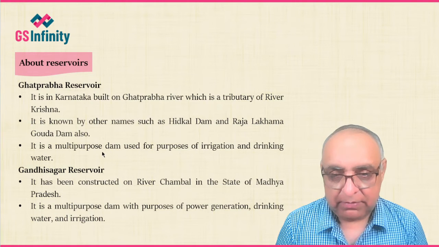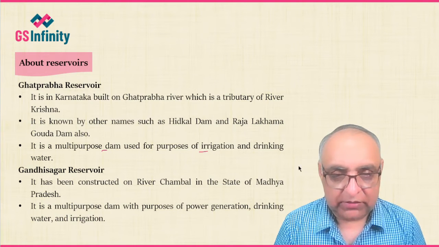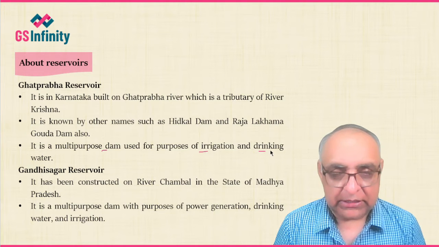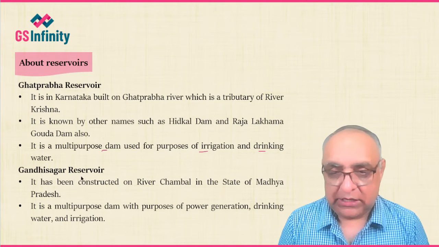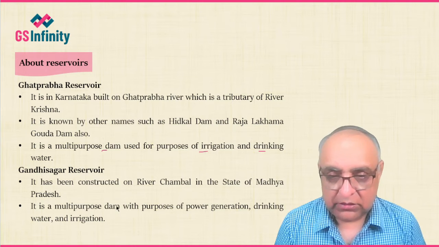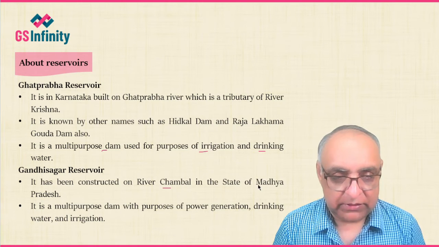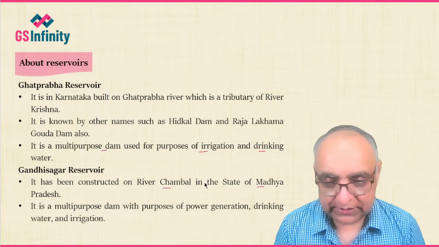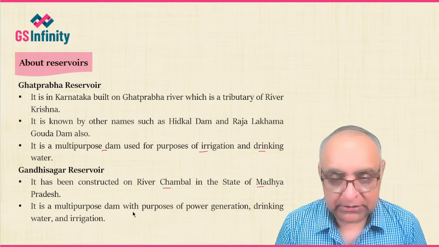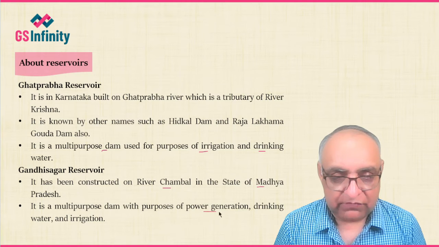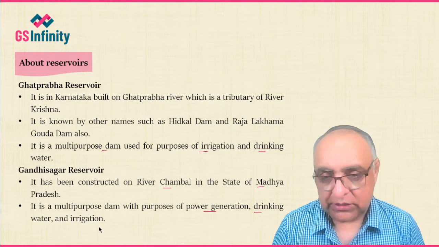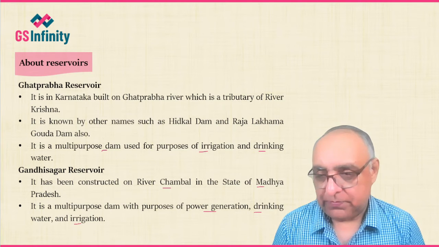It's a multi-purpose dam used for irrigation and drinking water. Gandhi Sagar Reservoir has been constructed on river Chambal in the state of Madhya Pradesh. We have already discussed. It's a multi-purpose dam with the purpose of power generation, drinking water as well as irrigation.